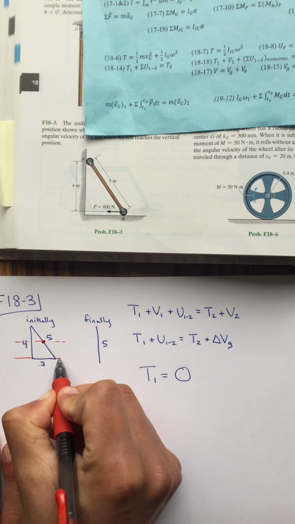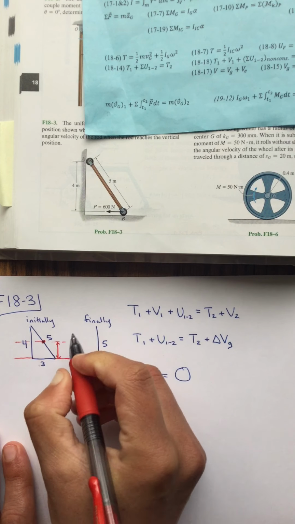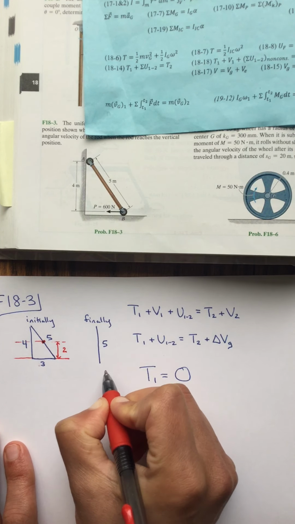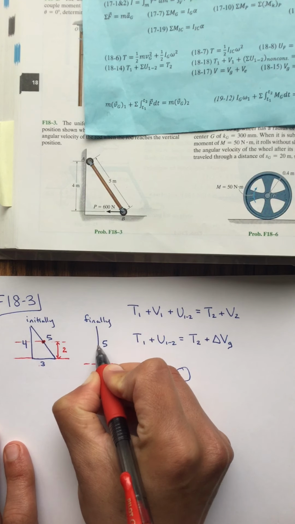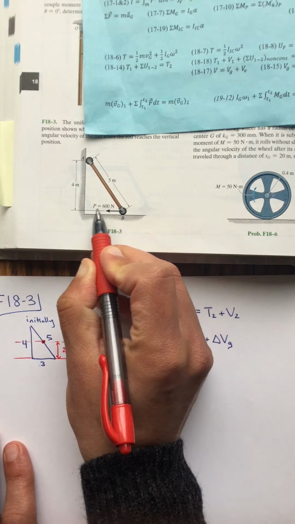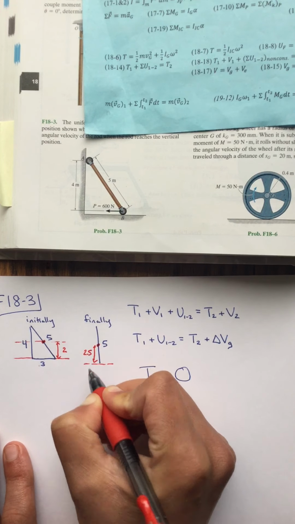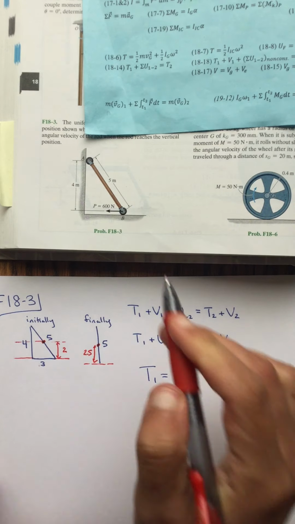If we use this here for our datum, in the vertical direction, we know this distance is 4, so that distance would be 2. And finally, when the rod is vertical, our datum would be here, and so we're measuring from this line here. This is 2.5. Since the rod is now in its vertical position, the mass center is 2.5 meters away from this line here.